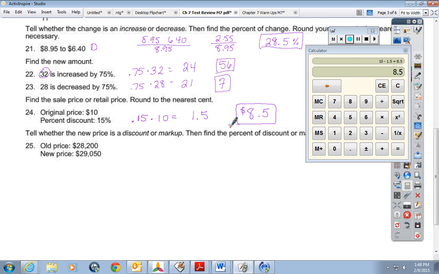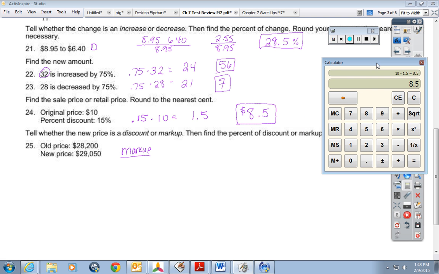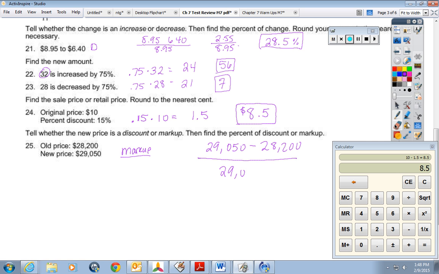It says then find the percent of discount or markup. We do that by that equation we talked about up here. We subtract the two amounts. Oops. Anybody catch my mistake? What's my mistake? You did it first. Yeah, you divide by the original. Okay, and then remember to get it as a percent, you multiply times 100%.